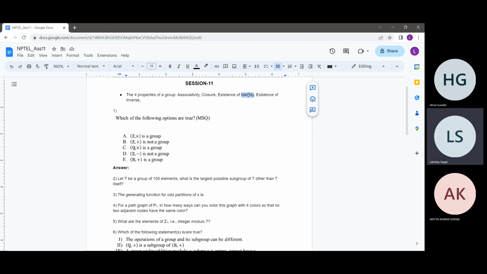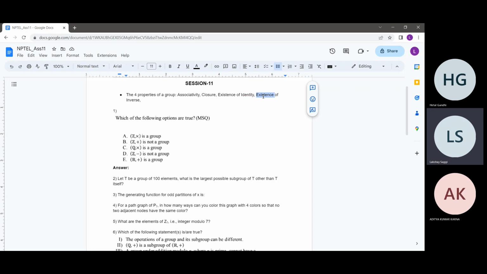Similarly, b plus x should give b only, and c plus x should give c only, and so on. That's what you call identity. Let's say the group has multiplication as its operation, then one is an identity, since anything multiplied by one is the number itself.